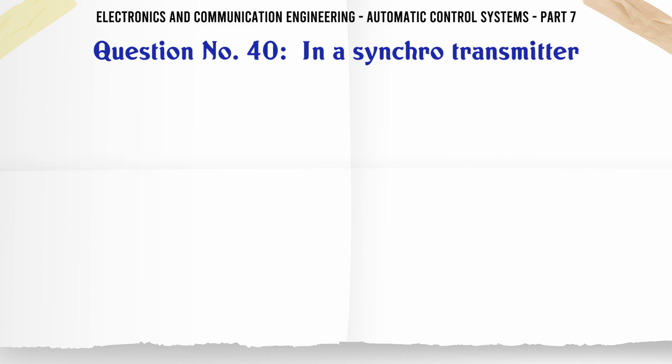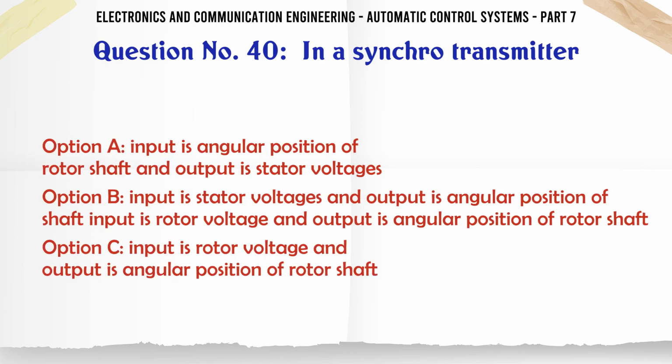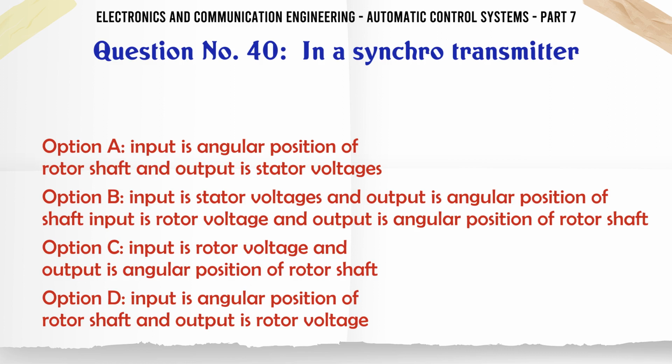In a synchro transmitter, A. input is angular position of rotor shaft and output is stator voltages. B. input is stator voltages and output is angular position of shaft. C. input is rotor voltage and output is angular position of rotor shaft. D. input is angular position of rotor shaft and output is rotor voltage.